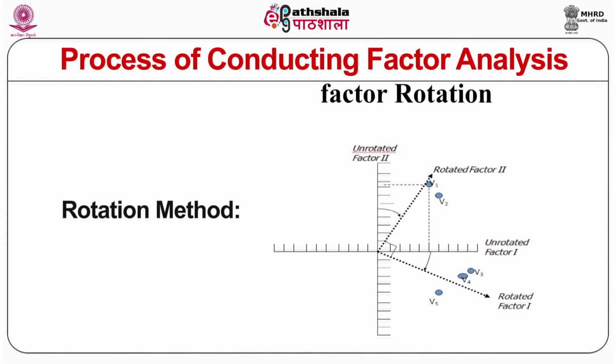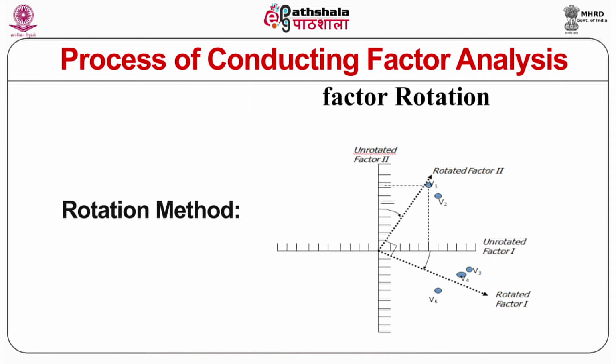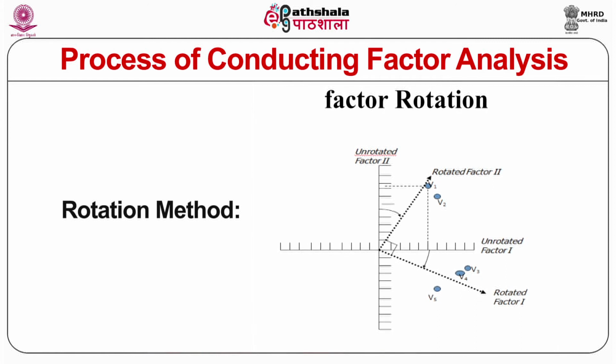In rotating the factors, an attempt is made to improve the efficiency of the factor pattern matrix by obtaining the solution where each one of the factors has non-zero or significant loadings or coefficients for only some of the variables. There are three methods of rotation: orthogonal rotation, where right angles are maintained during rotation between the axes; secondly, the Varimax procedure; and the oblique rotation. Varimax is the most common method of rotation.